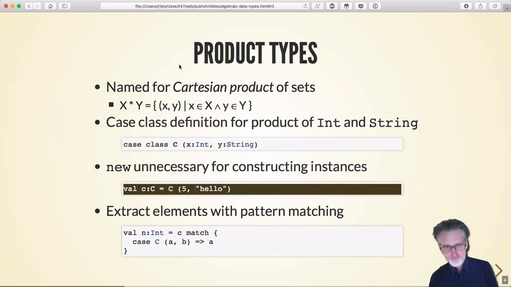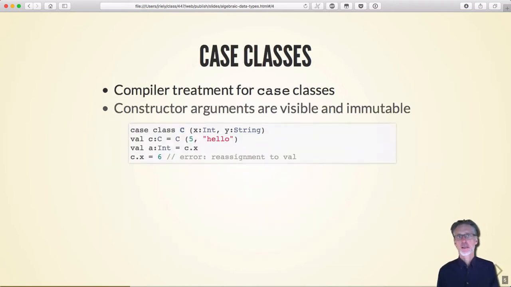All right. We get all sorts of stuff for free by putting the word case onto our class. What the compiler does is, these constructor arguments are always going to be visible. They're always going to be immutable, so you'll never be able to change them. You can't make these vars.